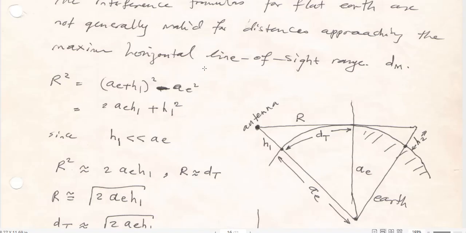Now we want to find the maximum horizontal line of sight range. We have this antenna, and this is the tower of the antenna, the height. This is the tower, and this is the receiver. And here this line is the propagation.